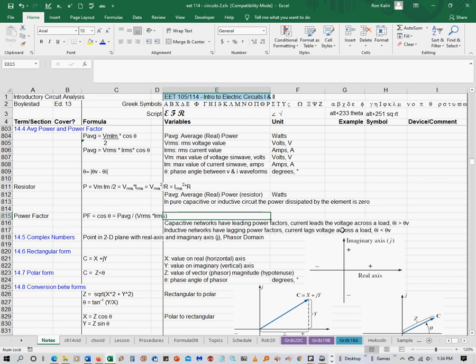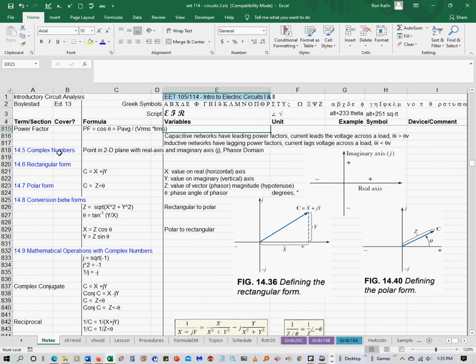The current leads the voltage across a load, so theta sub I is greater than theta sub V. Inductive networks have lagging power factors. The current lags the voltage across the load, so theta sub I is less than theta sub V.